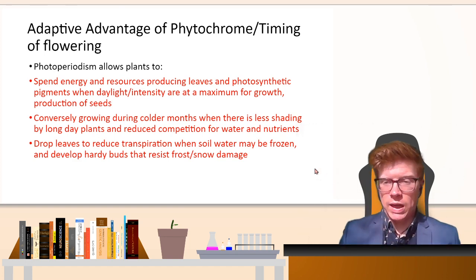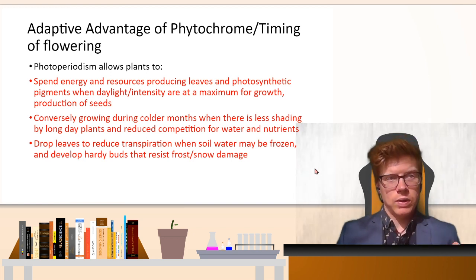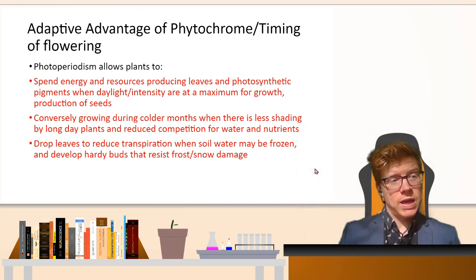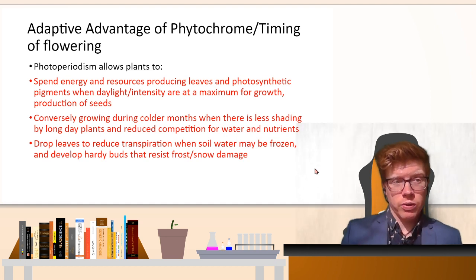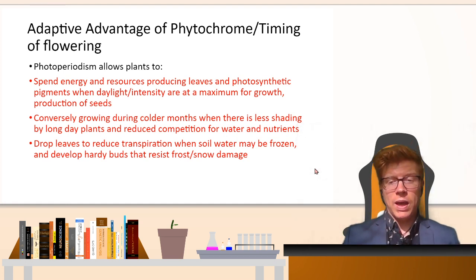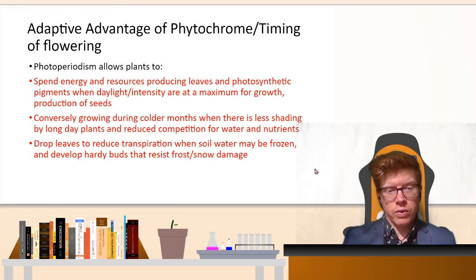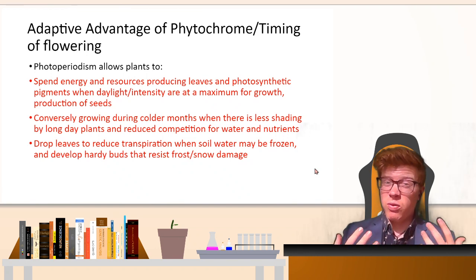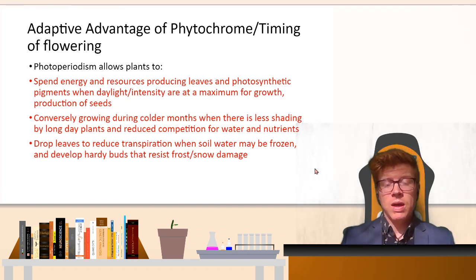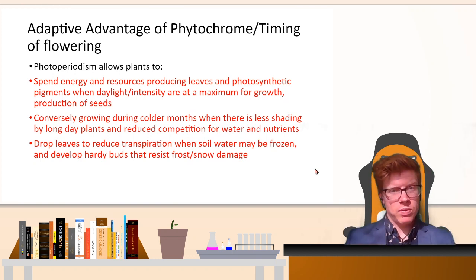That's that evaporation of water out of your leaves, because then you're retaining water, particularly if it's no longer as accessible as a result of the ground being frosted over. You could also have selective advantages about when you develop your protective mechanisms, which might be really costly to develop, but if you develop them at the right time, they protect against snow. So you've got to weigh up those things in terms of adaptive advantage.